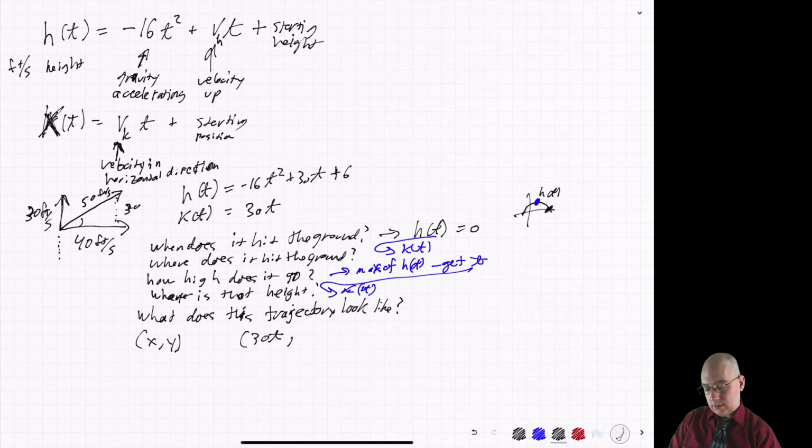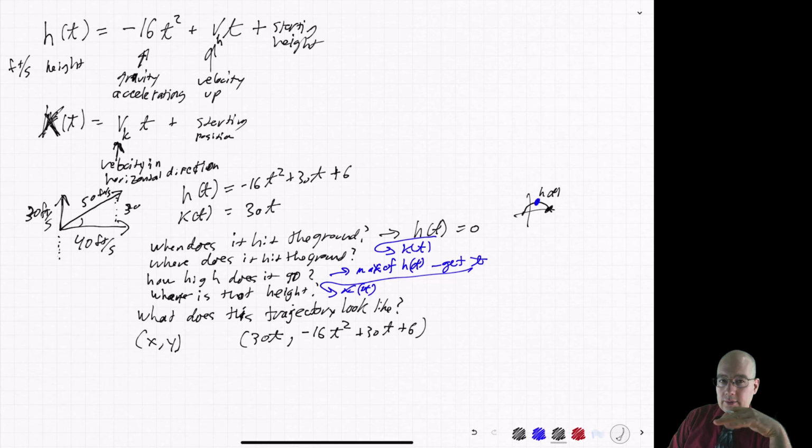And then the y is minus 16t squared plus 30t plus 6. Okay, so that's fine, except what? This is called the parametric equation, and one can graph these things involving time, gives you the x and y, but it's a little bit more complicated.